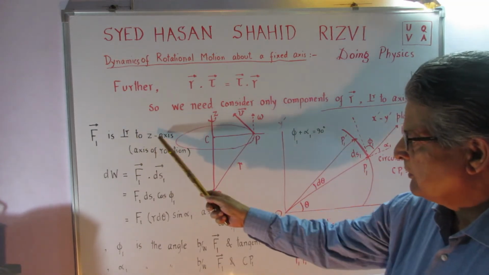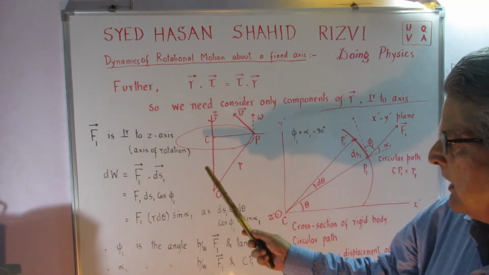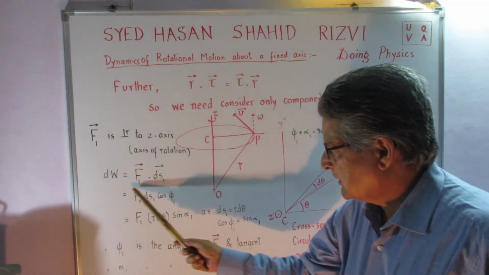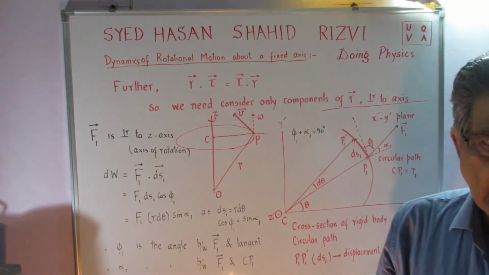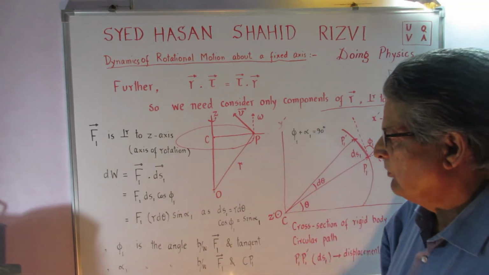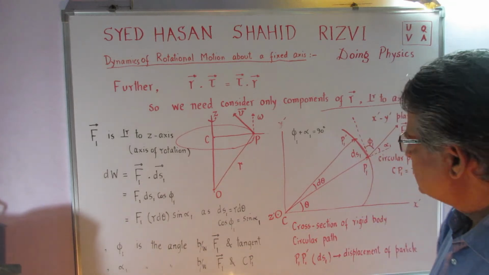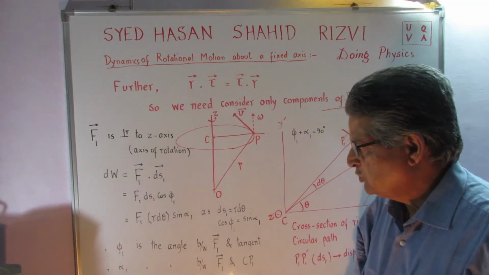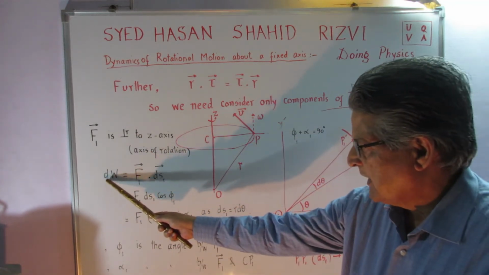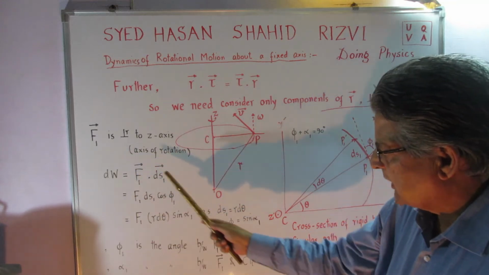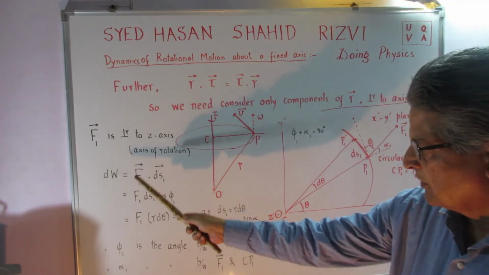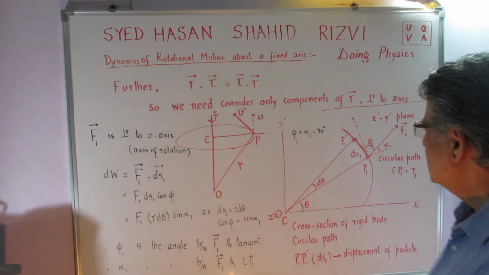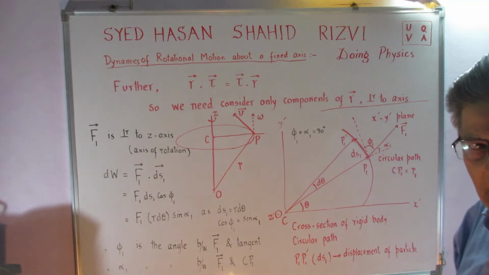So F1 is perpendicular to the z-axis, and by definition the work done dW will be equal to F1 dot ds1, which I can write as the magnitude of F1 multiplied by the magnitude of ds1, because this is a dot product, a scalar product, so this quantity should be scalar. So this turns out to be equal to F1 ds1 cos phi 1.